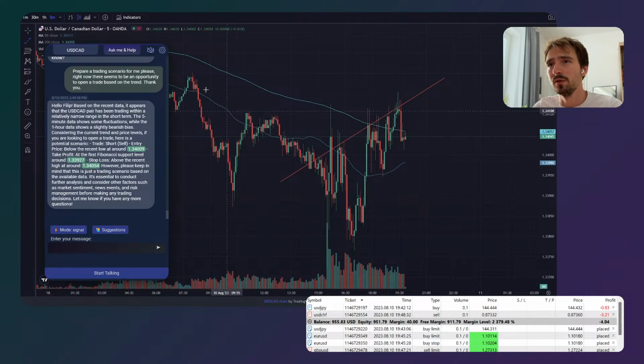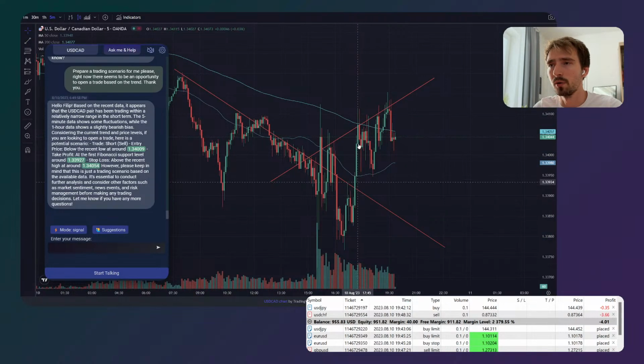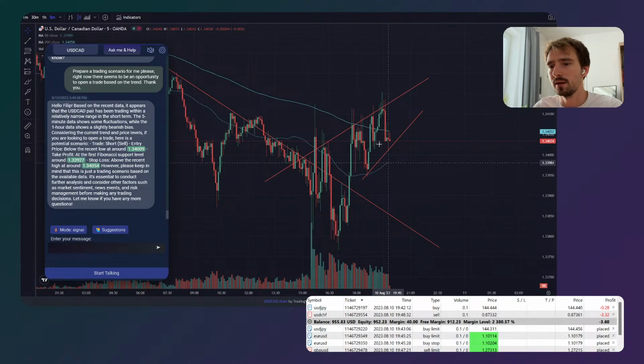We also do have a really decent downtrend over here, which was broken today. And I think we're looking at something like that. It's a little bit tough here. So the AI is suggesting to go for a sell at 54.